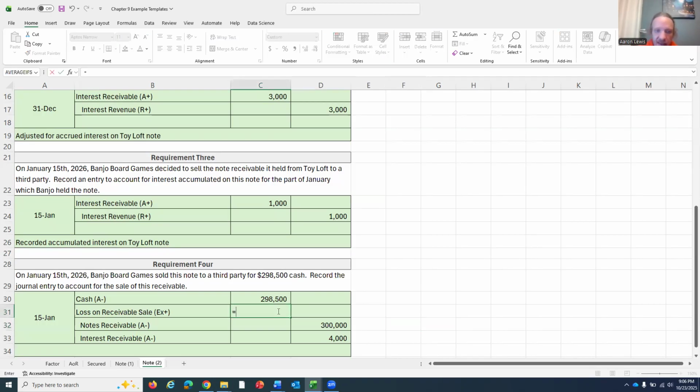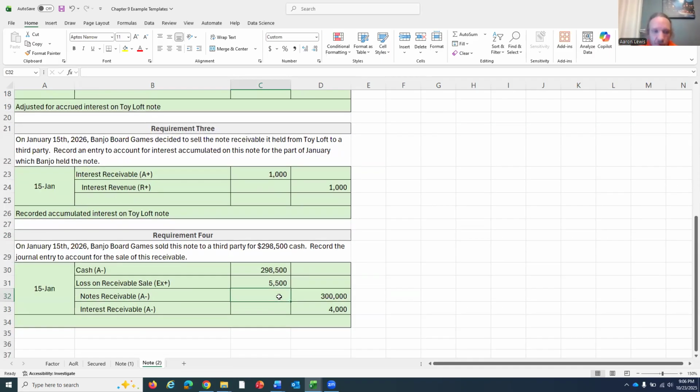Well, what is that? That is going to be 304,000 in total minus the 298,500 we're actually paying, 5,500. We took $5,500 less cash than the thing was worth because we did not want to wait another 4 months to get payment. So here we sold our Toy Loft note.